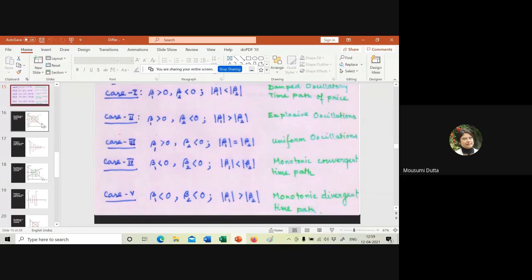Case 5 is beta 1 less than 0, beta 2 less than 0, mod beta 1 greater than mod beta 2, which should give us a monotonic divergent time path of price. Both demand and supply are negatively sloped, and we are considering mod beta 1 by mod beta 2 greater than 1.